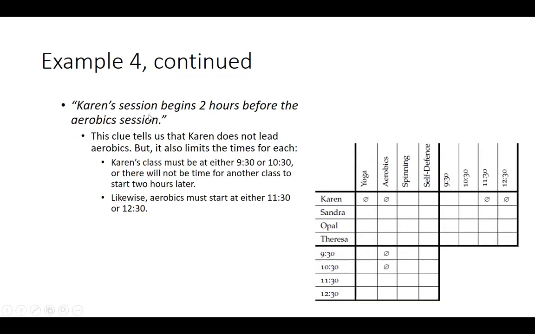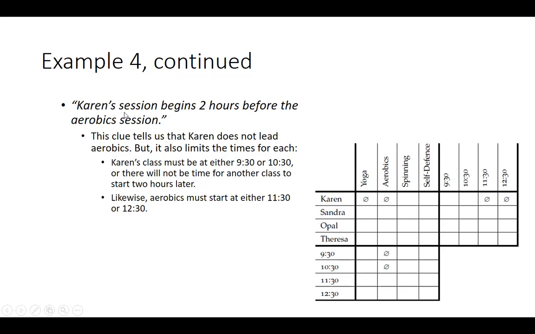Karen's session begins 2 hours before the aerobics session. This clue tells us that Karen does not lead aerobics, but it also limits the time for each. So Karen's not aerobics. That one's a gimme. But Karen's class must be at either 9:30 or 10:30, or there won't be enough time for another class to start 2 hours later.